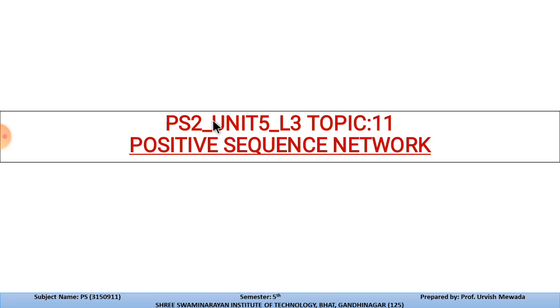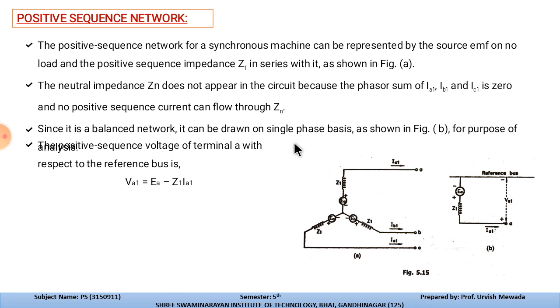Now let us discuss topic number 11, that is the positive sequence network. In the positive sequence network, we have considered one generator, a system having Ea, Eb and Ec as the generating units, and all the impedances are the same, Z1, connected with all the lines. So Ia1, Ib1 and Ic1 are the currents, because this is the positive sequence.